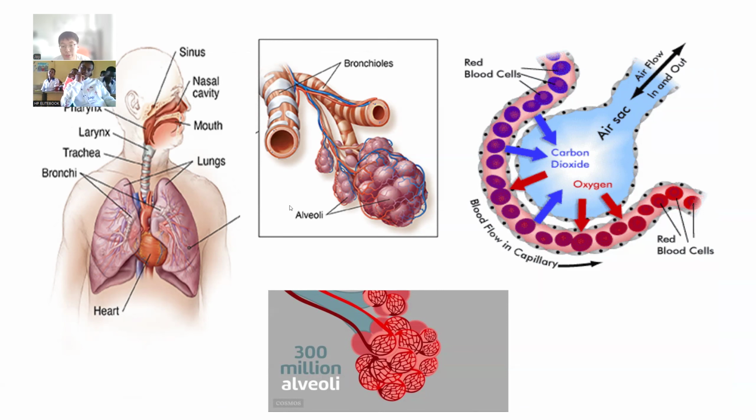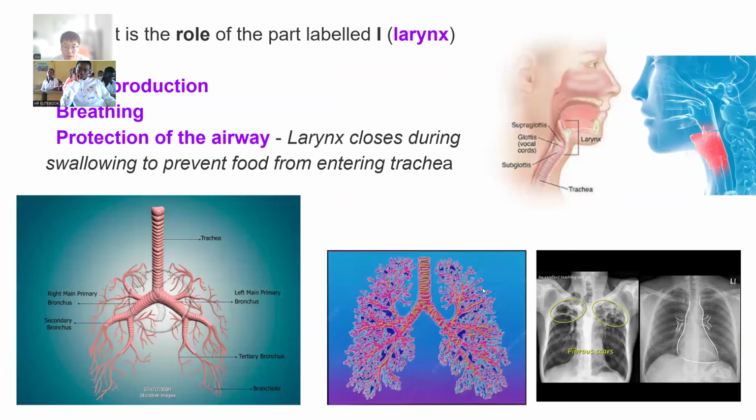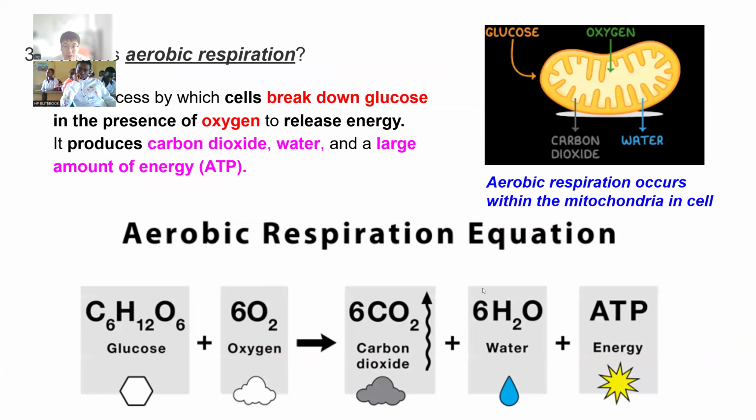We talked about how inside the lungs there are millions and millions of alveoli where gas exchange occurs. And then we talked about how it relates to the circulatory system, in more detail in this slide.